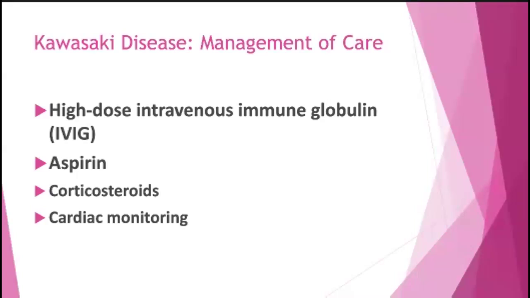So, key takeaways: nursing care for Kawasaki's disease means preventing heart damage, monitoring the heart closely, giving the IVIG and the aspirin on a schedule, watching for heart failure, and providing support. Early treatment saves lives and prevents coronary aneurysms.